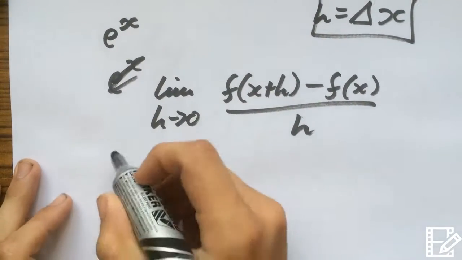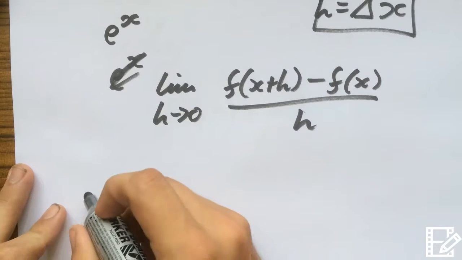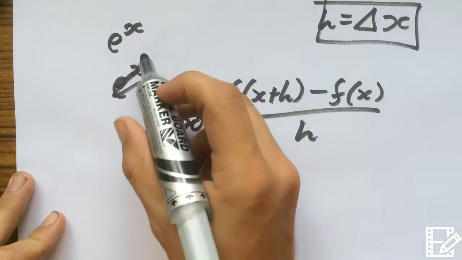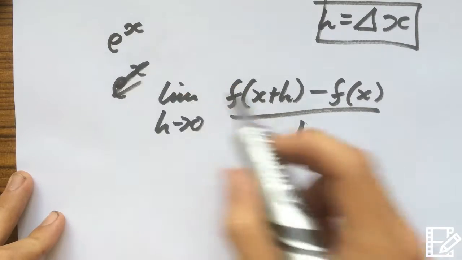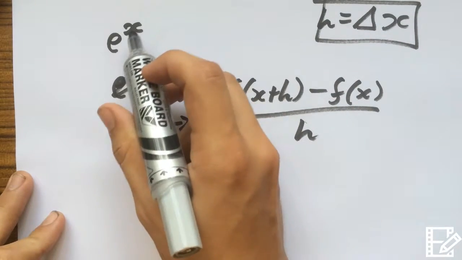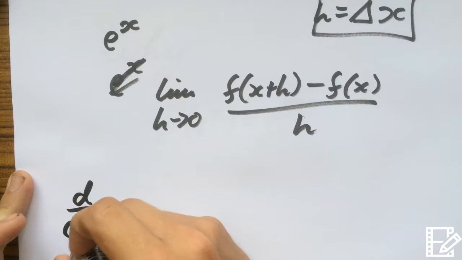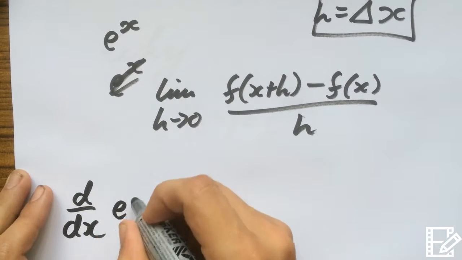But on that note, this is the derivative formula. And when it says x plus h, that just means you replace the x with an x plus h. And on the f of x, you just leave it as the x. And I'll show you what I mean. So let's say we find the derivative of e to the x.